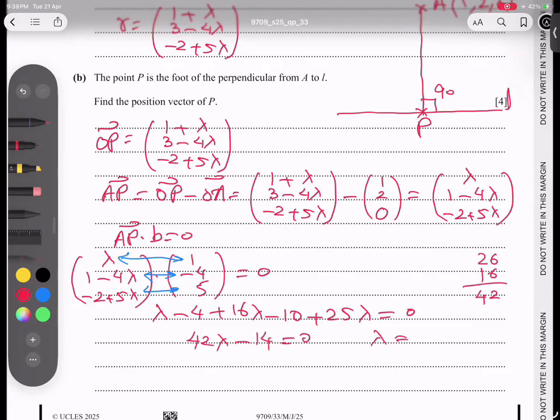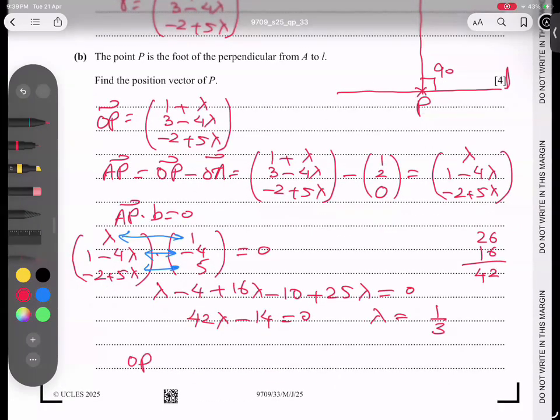So 14 divided by 42 turns out to be 1 by 3. So I'm getting lambda equal to 1 by 3, and I plug it here. I will get the foot of the perpendicular, so the OP value I'm getting directly. 1 plus 1 by 3 is 4 over 3.